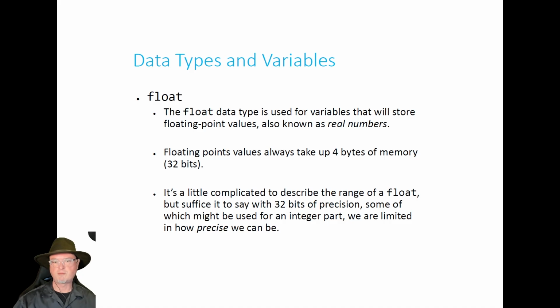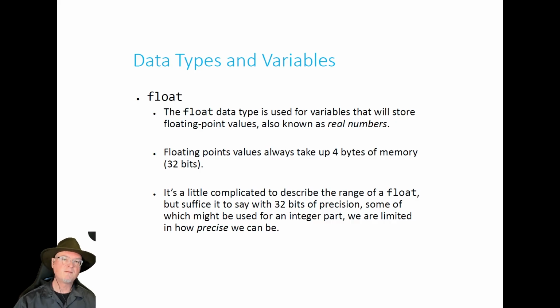Floating point. This is probably one of the more important ones that you'll use a lot for any sort of numerical work that you do. Floating point just means that there's a decimal point and a precision value afterwards. Now, where it was pretty easy to define the range of an integer, we can't do the same thing with float.